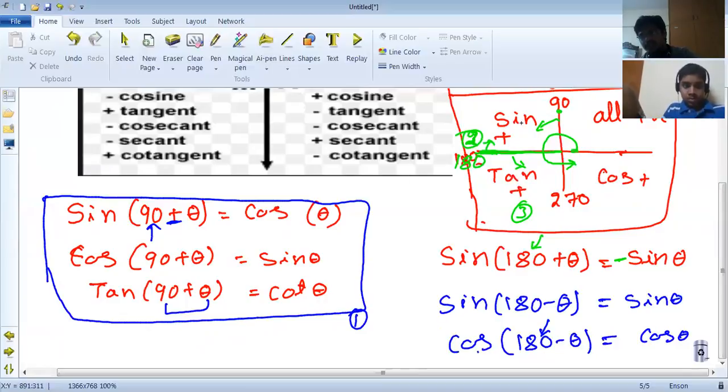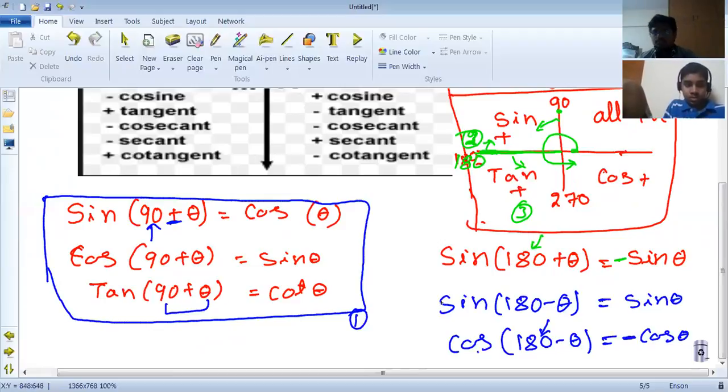In the second quadrant, will cos become positive or negative? Negative. So you will get minus cos theta.